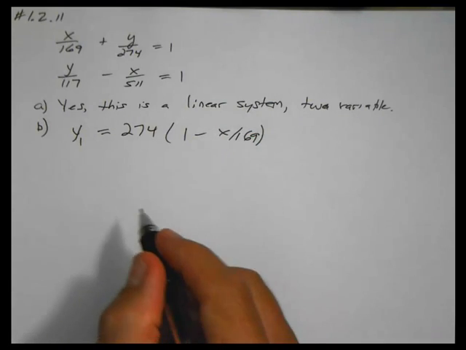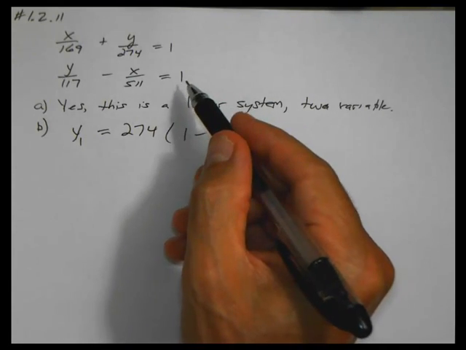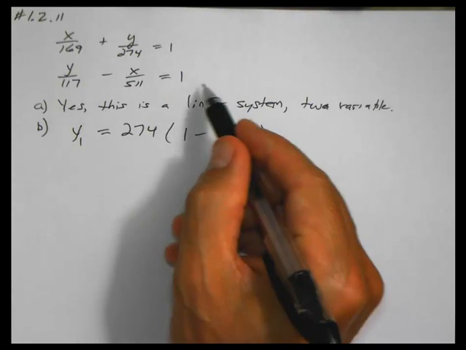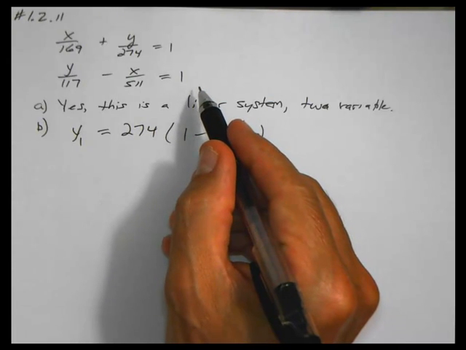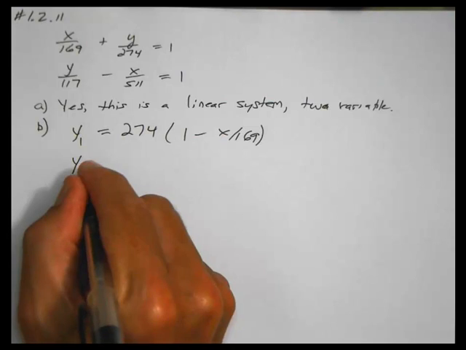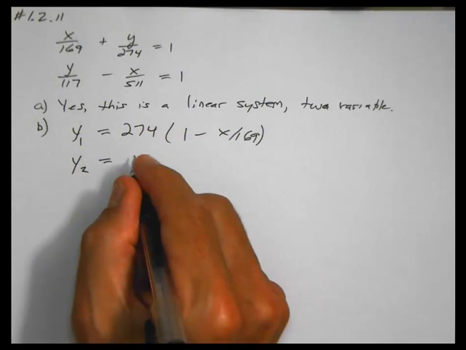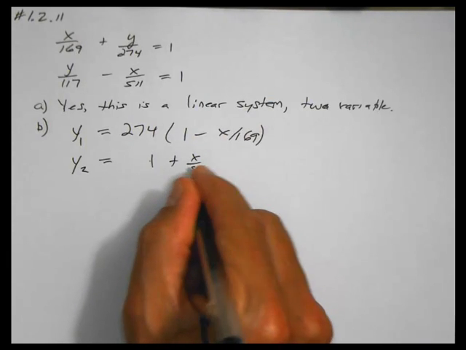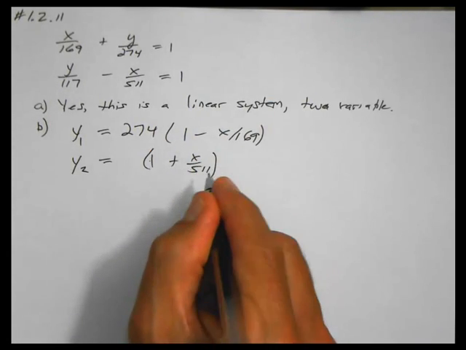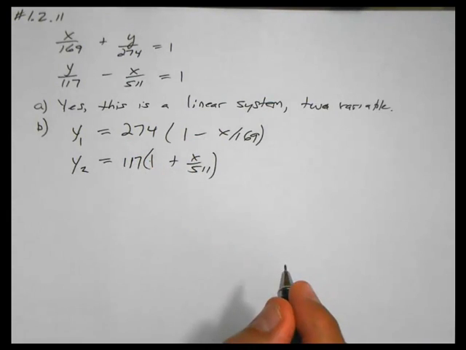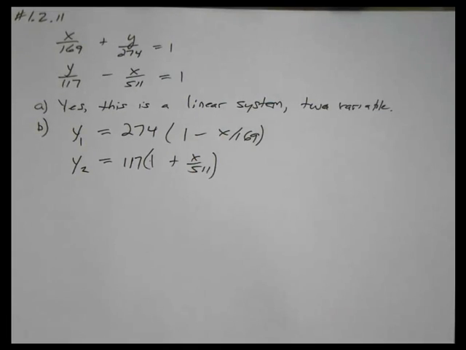Okay, let's go to the second equation. To solve for y, in this case, we just have to add x over 511 to both sides, then multiply both sides by 117. We've got y2 equaling 1 plus x over 511 times 117. Alright, with this in hand, it's time to go to the calculator.